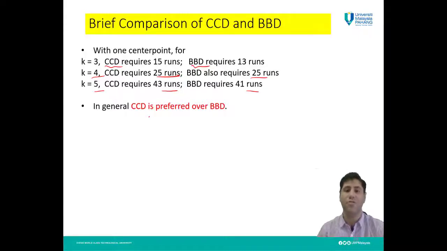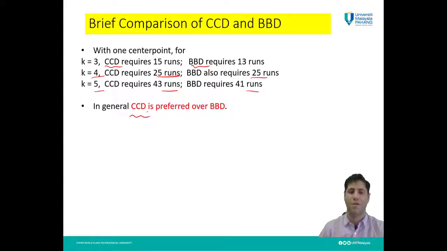But usually, due to some advantages which we have for CCD, like what I have introduced to you, we can also check the outside of that factorial space. Then CCD is the more desirable method or design in RSM optimization or RSM design of experiment.